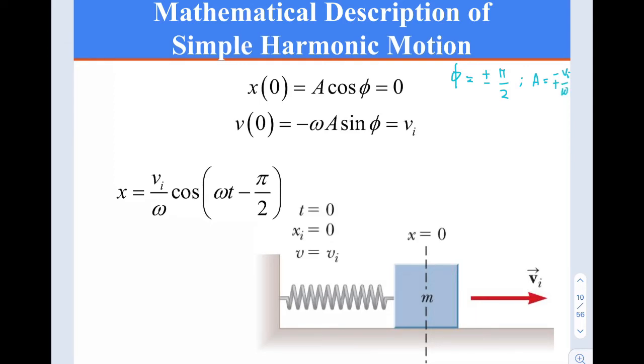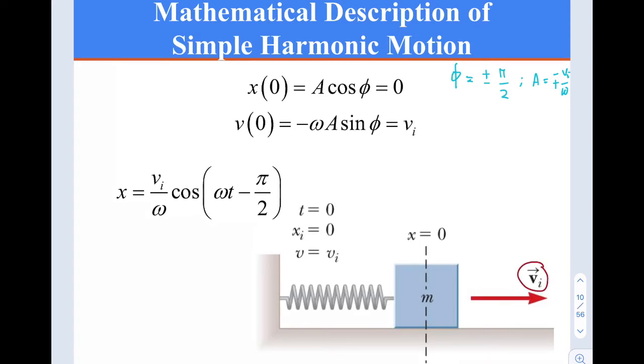Okay, why is it so? Because the initial velocity is positive and the amplitude must be positive. To fulfill this condition, how do we know the initial velocity is positive? Because it's to the right, right?